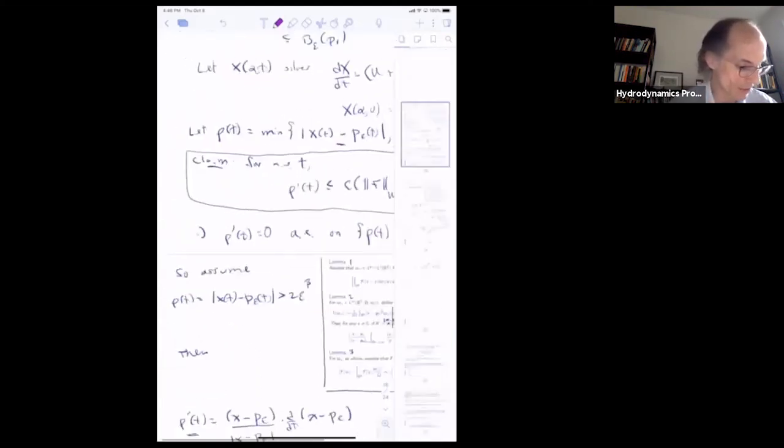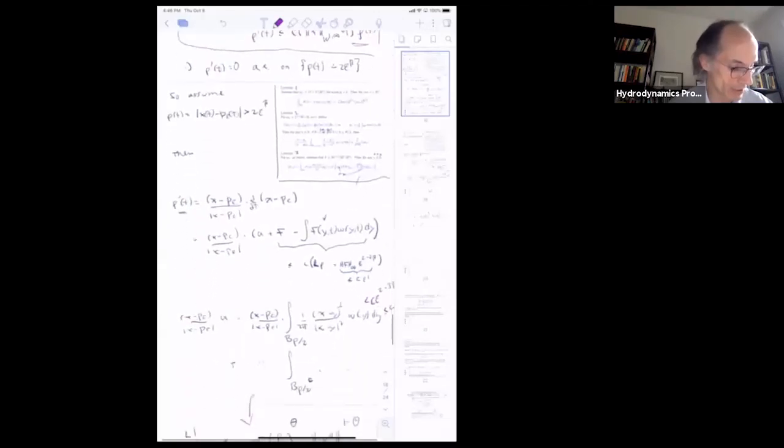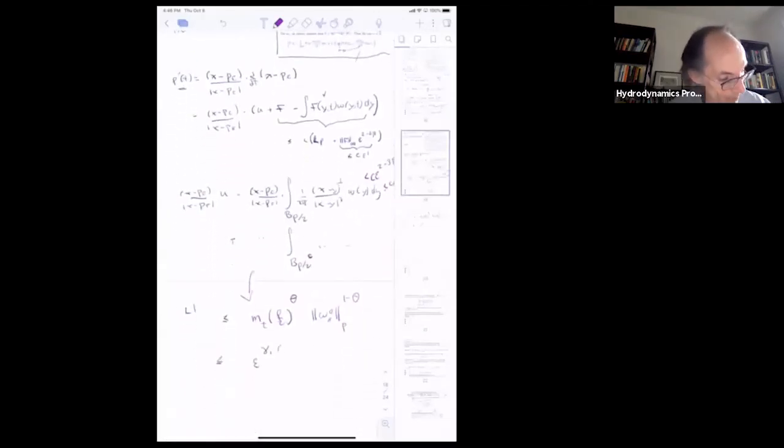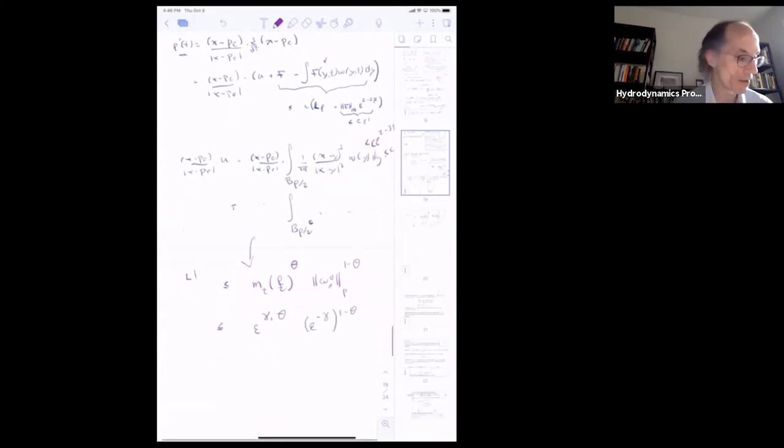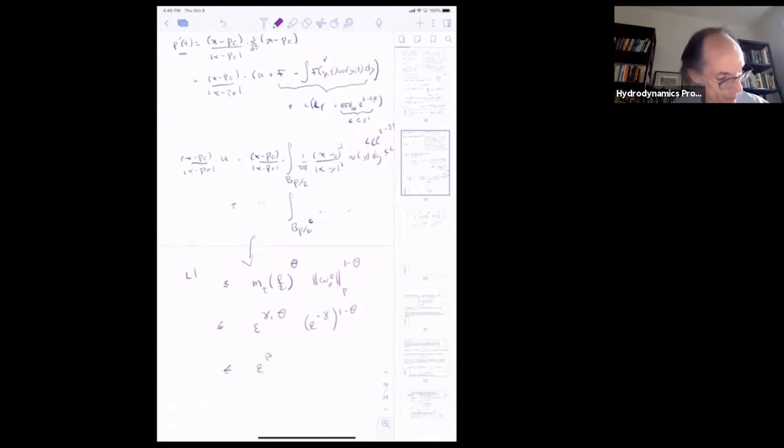So this is epsilon to the gamma 1 to the theta, and this by assumption was epsilon to the minus gamma to the 1 minus theta. And we can make this all less than, say, epsilon to the beta by choosing gamma 1 large enough.